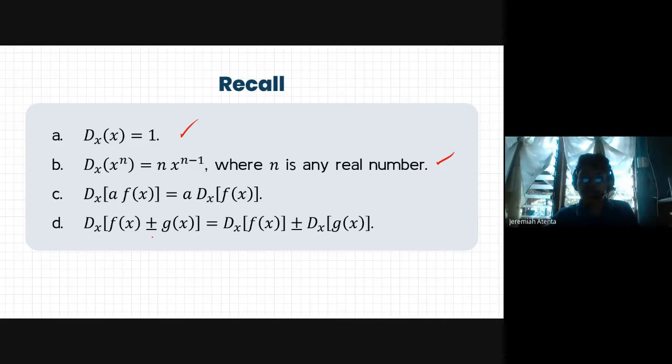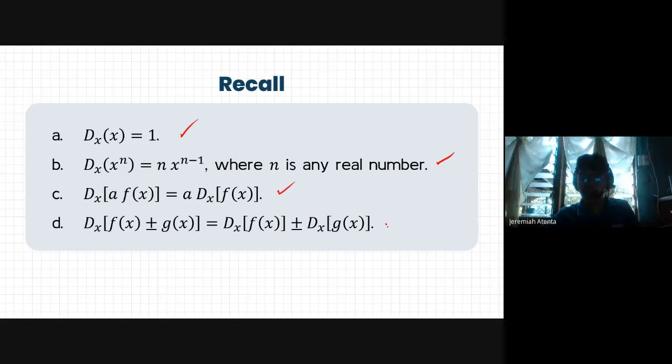Recall lang tayo. Next, we have the derivative of a times f of x with respect to x is equal to a times the derivative of f of x with respect to x. This is the constant multiple rule, right? And if you have the derivative of f of x plus minus g of x with respect to x, that is equal to the derivative of f of x with respect to x plus minus the derivative of g of x with respect to x.